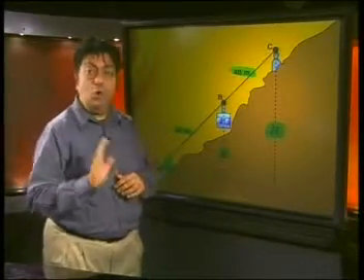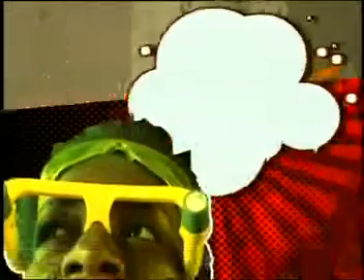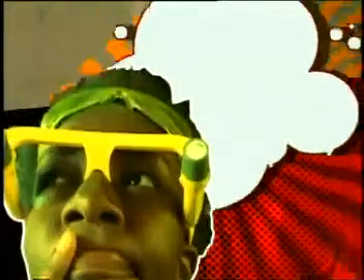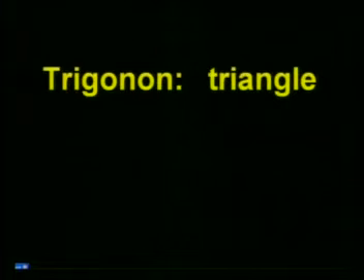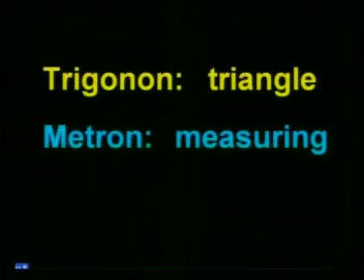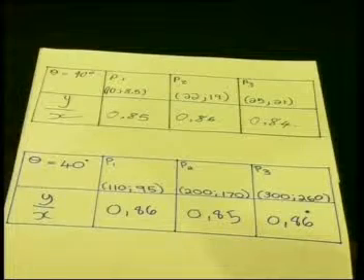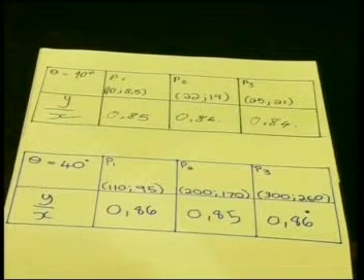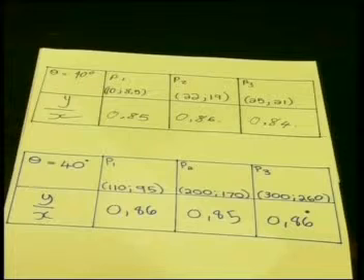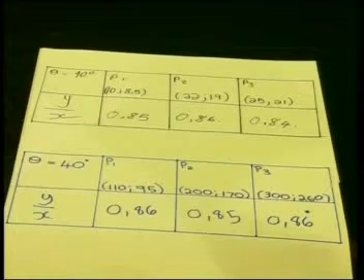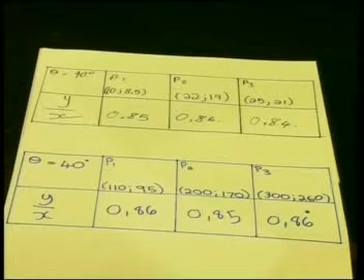As we wrap up this series, let's recap what we have learned. The word trigonometry comes from two Greek words, trigonon meaning triangle and metron meaning measuring. In a right-angled triangle, the ratio of height to horizontal distance remains the same if the angle remains constant.